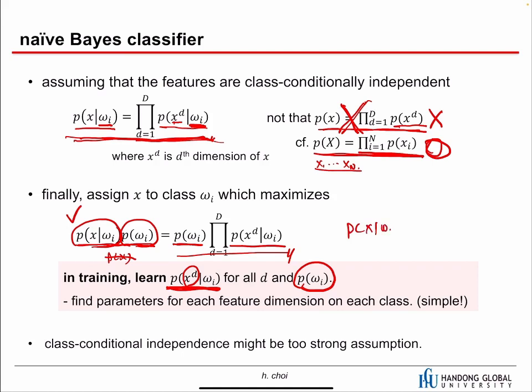If we have two classes, then we can compare this one and p of x given omega 2, p of omega 2. So given a new sample x, we can compare this one and this one. Then we can classify depending on these values. As I said, class conditional independence might be too strong an assumption. So you have to know what you're doing when you use the naive-Bayes classifier.